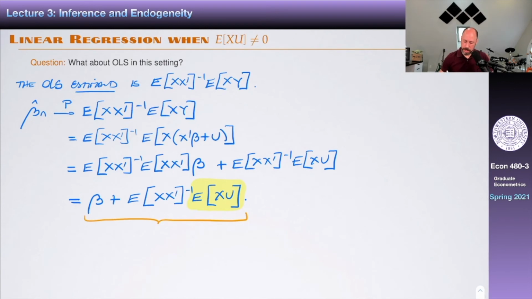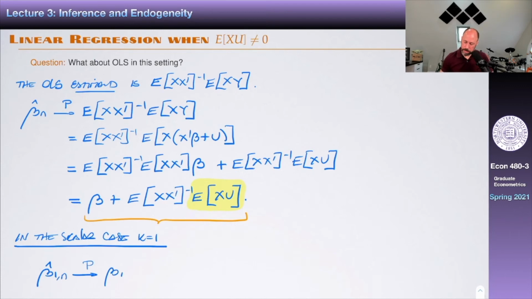In the scalar case, where k is equal to 1, we have that beta hat 1n converges in probability to beta 1 plus the covariance between x and u divided by the variance of x.